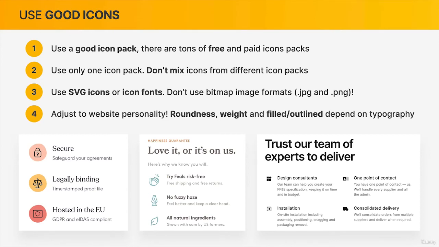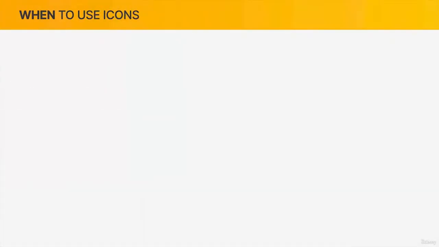Now, some website personalities might actually not need icons at all, like the minimalist or bold personality. But again, more about personalities a bit later. By then we will have a big overview of what to do for each of the personalities, for each of the ingredients. But now, moving on, let's learn when we can use icons in our design.